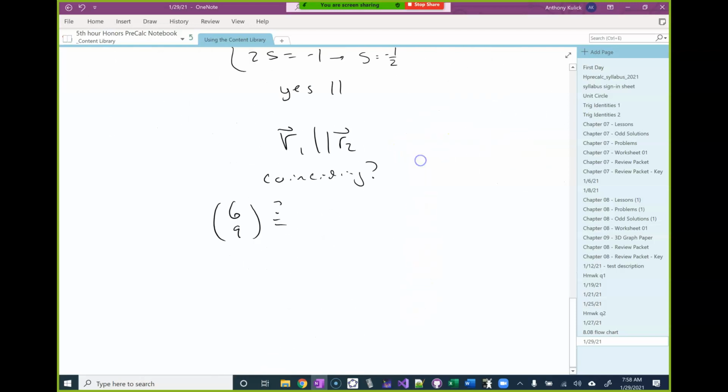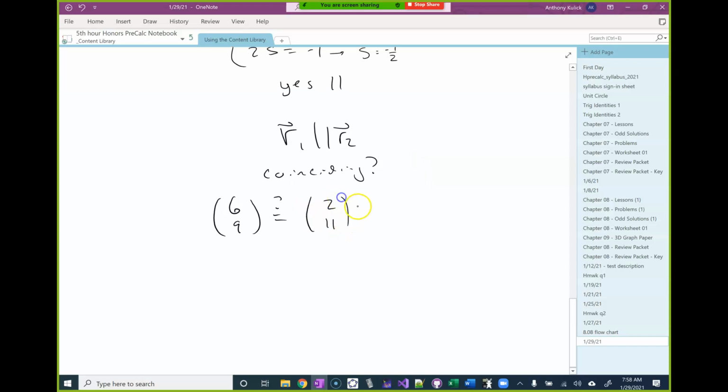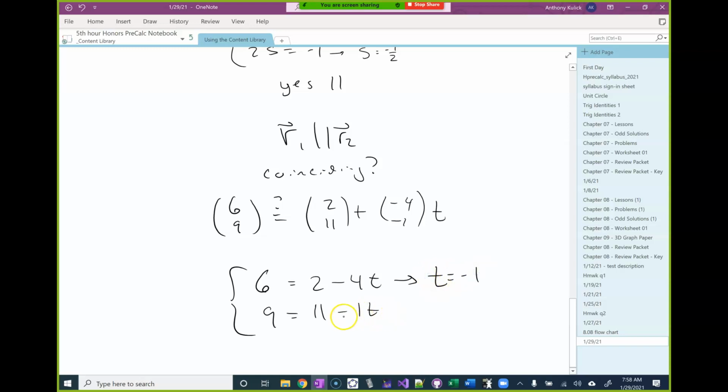So 2, 11, actually I have the problem over here. -4, -1, t. Okay, so again, I'll set up my system of equations where the x components have to equal 6 and the y components have to equal 9. So if I do that, I get t is equal to -1. If I do that one, I get, right?